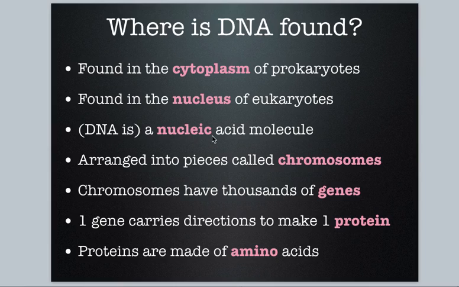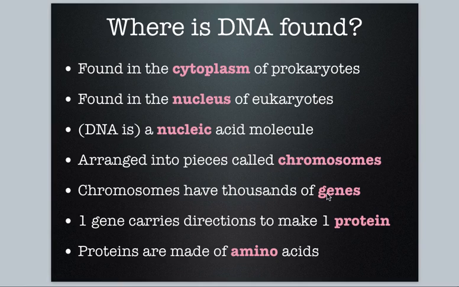DNA is a nucleic acid molecule, that's the NA, and it is arranged in pieces called chromosomes. In our eukaryotic cells, they're arranged in an X. A chromosome, remember, has two chromatids made up of an X. Prokaryotic cells have one chromosome only, and it's made up of an O.